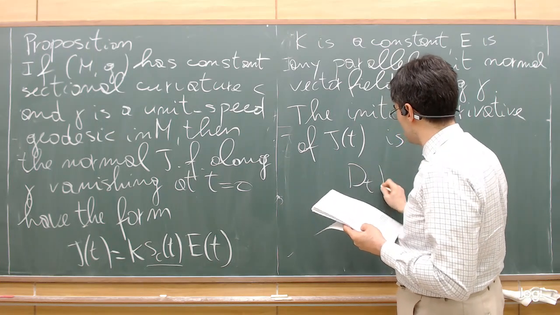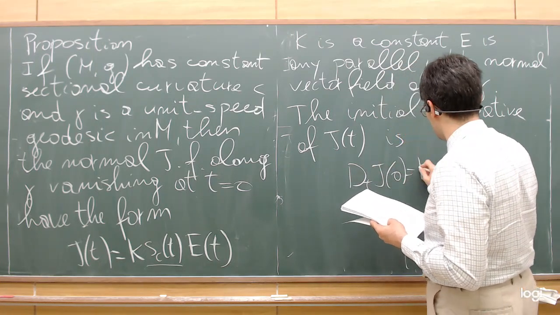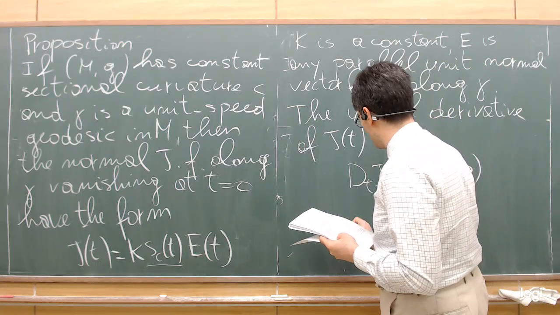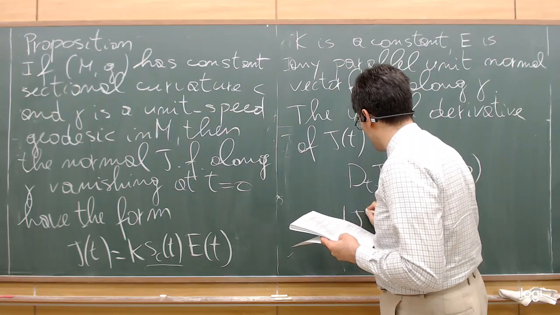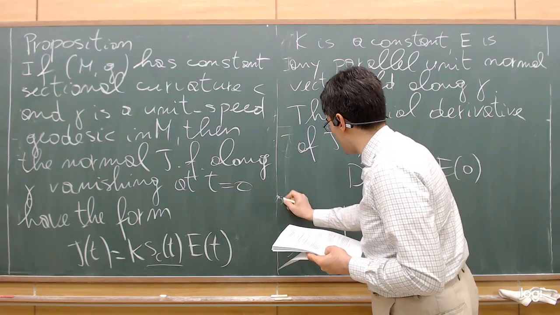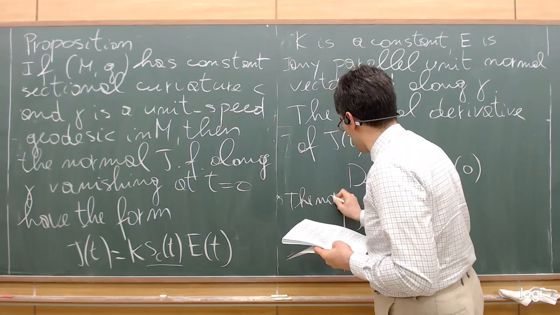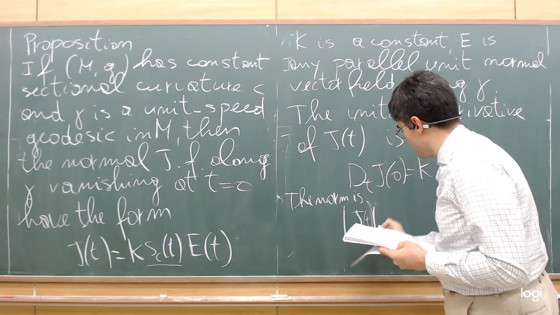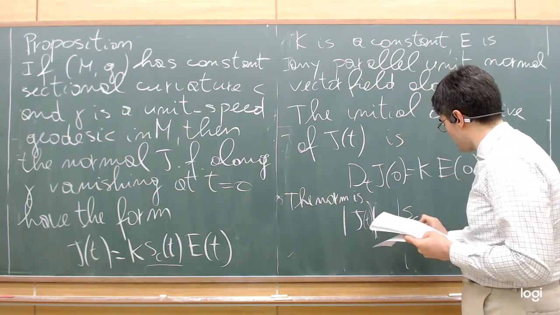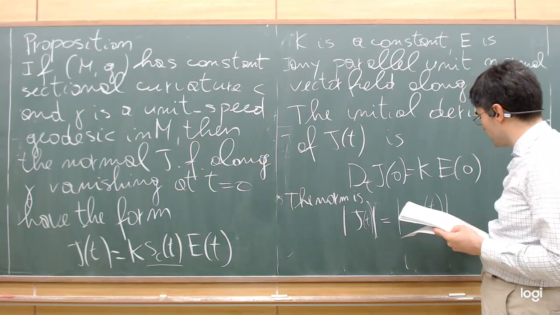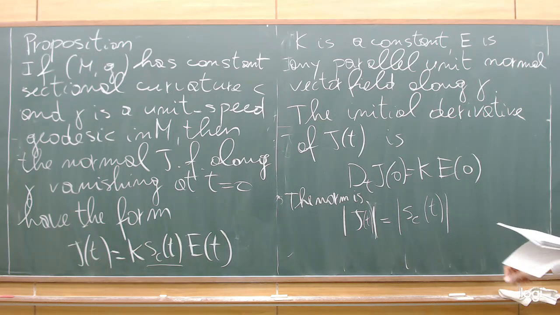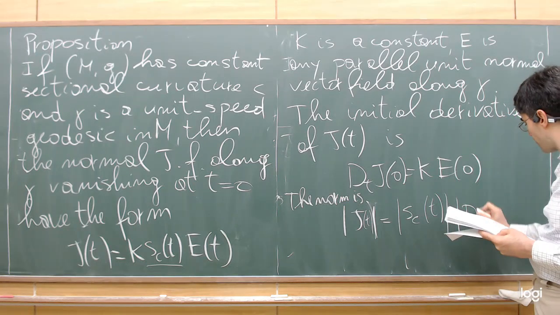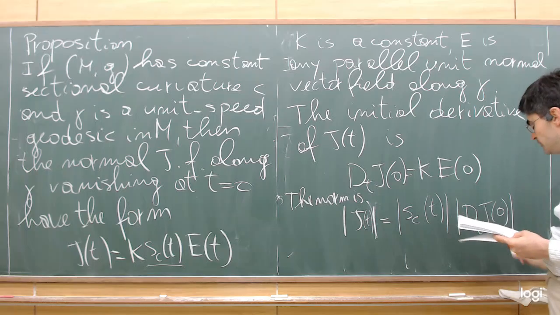We have that dtJ at 0 is k E evaluated at 0, and the norm is given by this formula: absolute value of SC times the norm of the initial derivative.